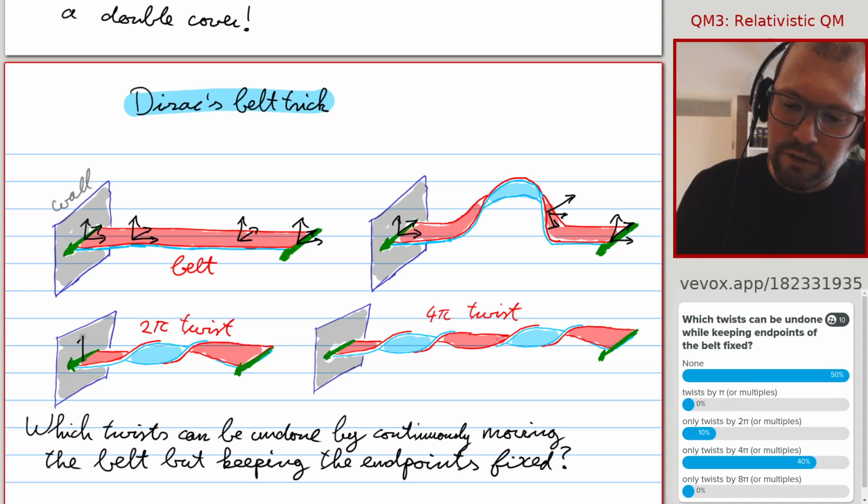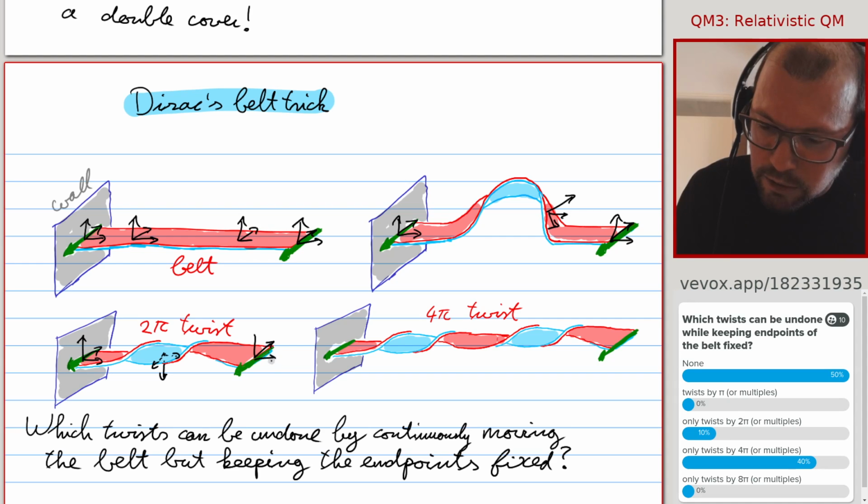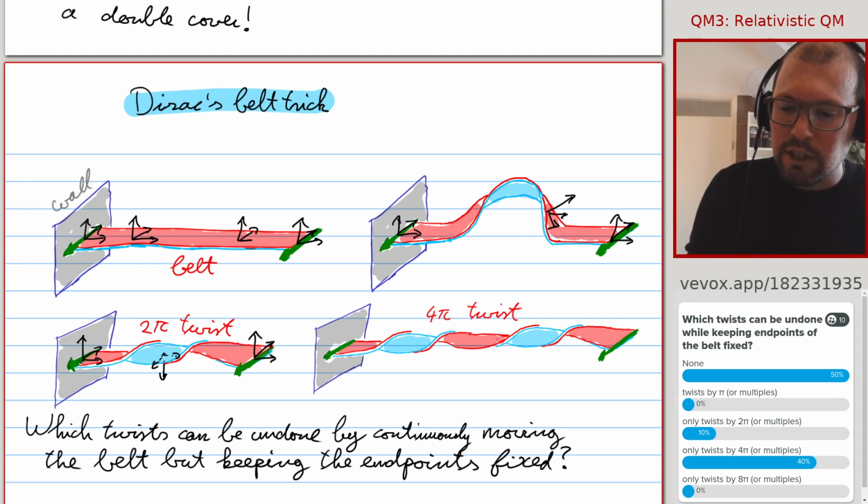And the same is true for the twisted belt. Every time I have a continuous path, so here I will have, let's see how to draw this, one that is pointing to the back. But in the end, this coordinate system will be the same as the starting point.